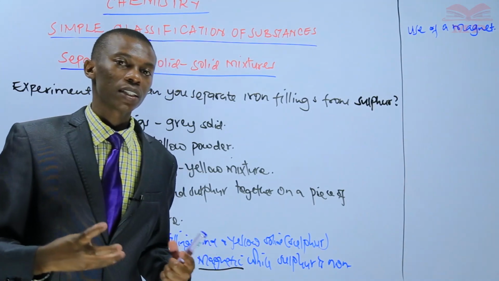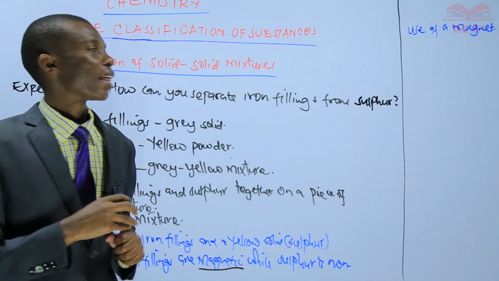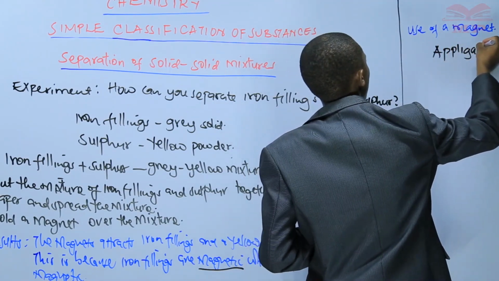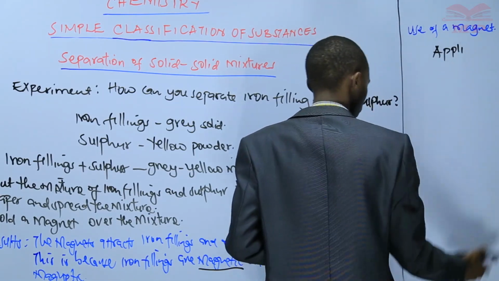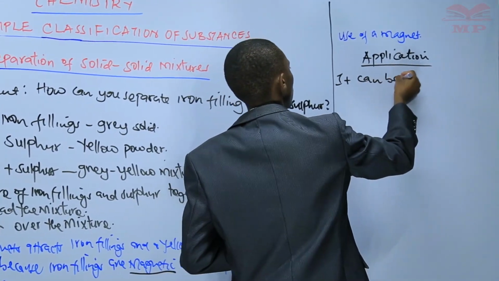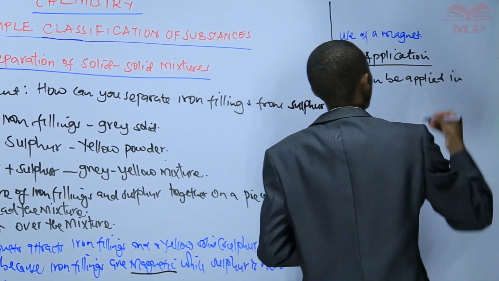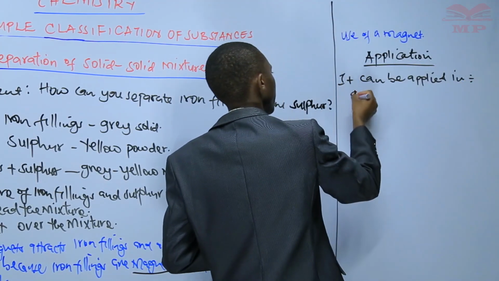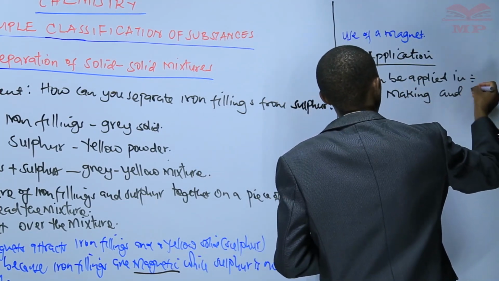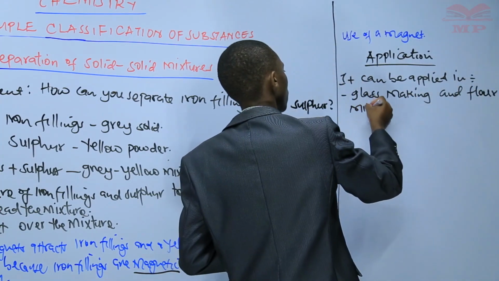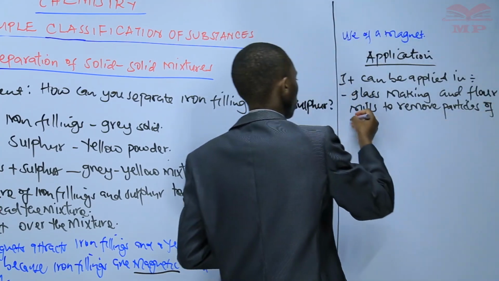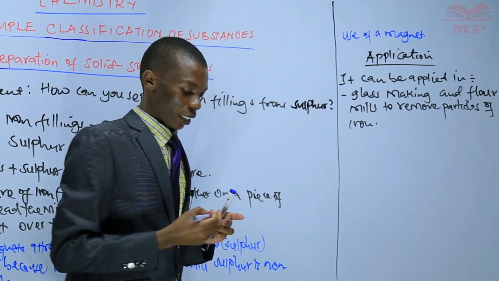The application of this method, use of a magnet, is in glass making and flour mills, to remove particles of iron.